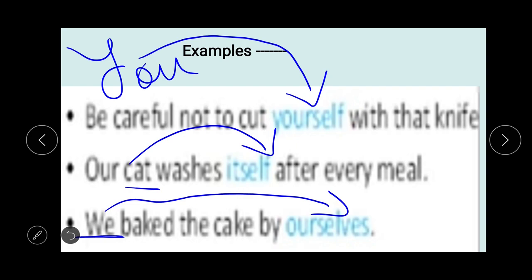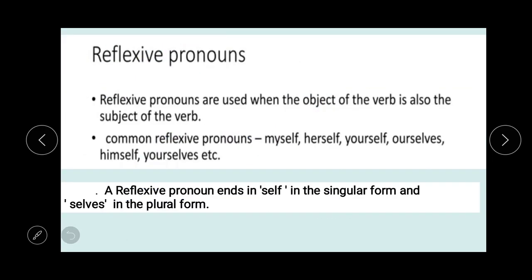Then cat, but we use the pronoun it for the animals, then its object is itself, and we, its object is ourselves. It means the subjects are also the objects in these sentences. And students, these are known as the reflexive pronouns.